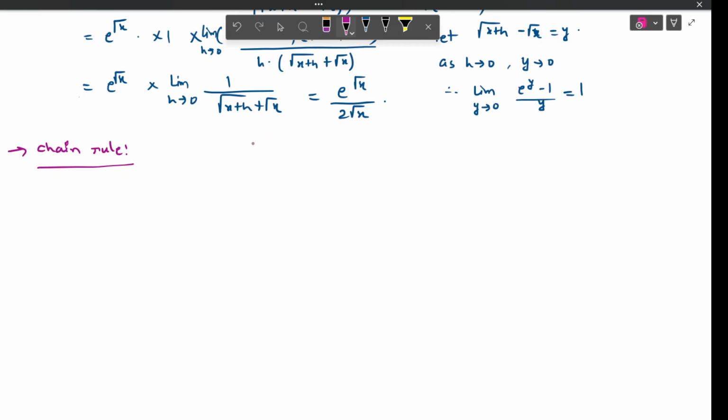Let us say we want to find the derivative of d by dx of f of g of x. The derivative is f dash of g of x, that is, derivative of f at g of x, multiplied by the derivative of g of x.